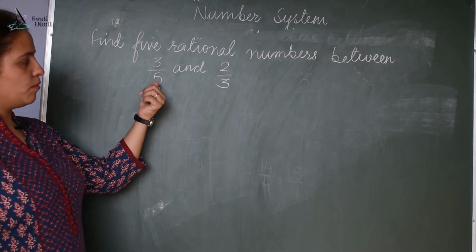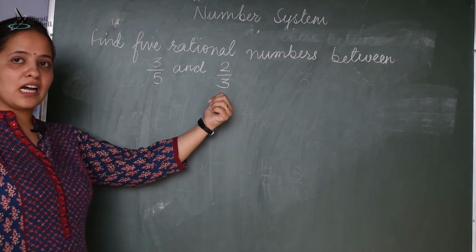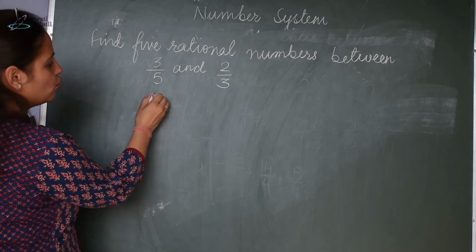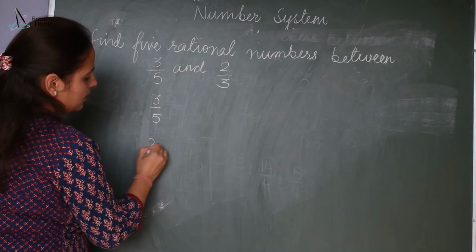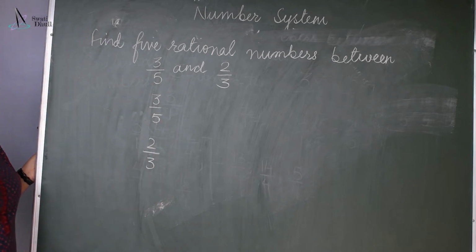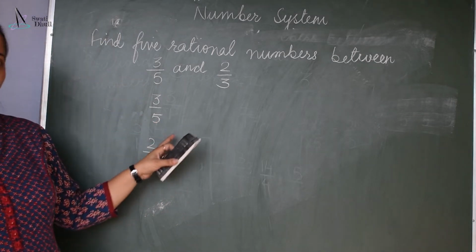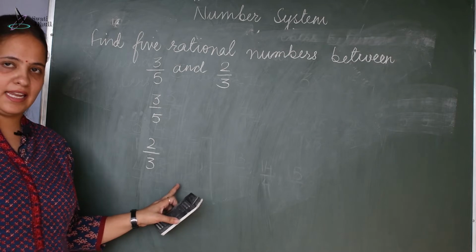What I am observing here is that the denominators are different. So I have to make these denominators the same. How can I make the denominators the same? I need to take the LCM.